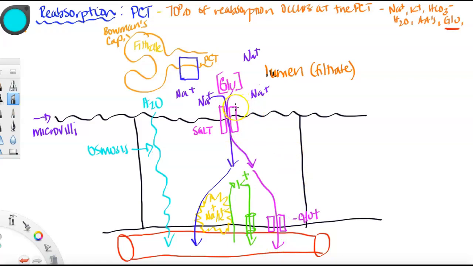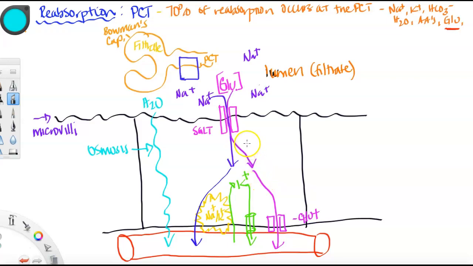Now the osmolarity is decreasing and the filtrate is getting more dilute. So the concentration is changing there. That's basically what happens here.